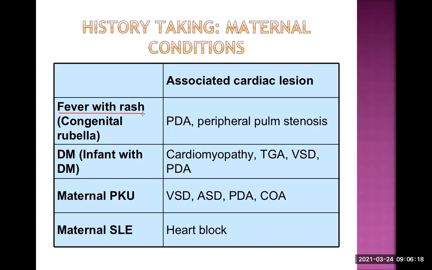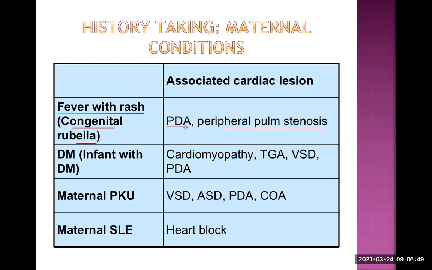It is not a serious infection in adults, but if a pregnant lady develops rubella during the first trimester, then the developing baby can develop massive or lethal congenital anomalies, known as congenital rubella syndrome. Some of the important cardiac lesions in this case are PDA and peripheral pulmonary stenosis, especially PDA.